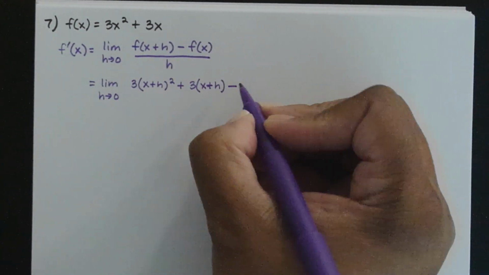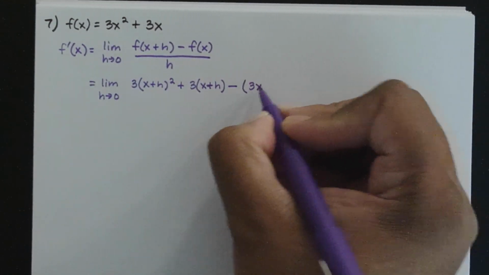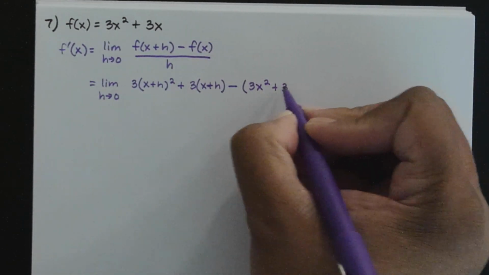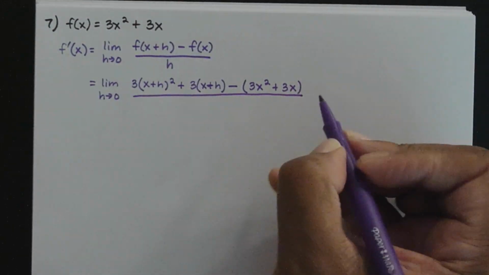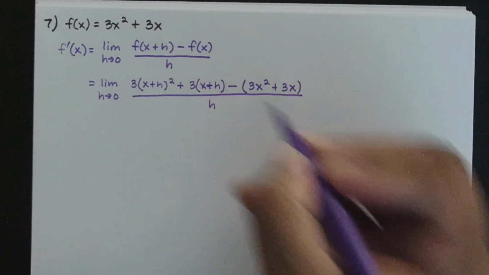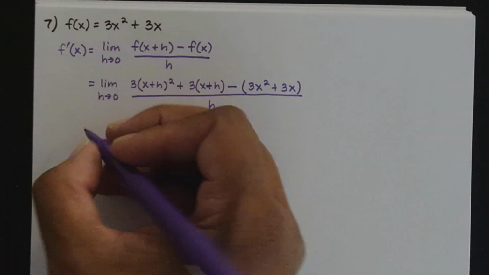Okay? And then minus what f of x is. I'm putting the 3x squared plus 3x in parentheses because the whole thing is being subtracted from f of x plus h, all divided by h. And then we simplify the numerator.